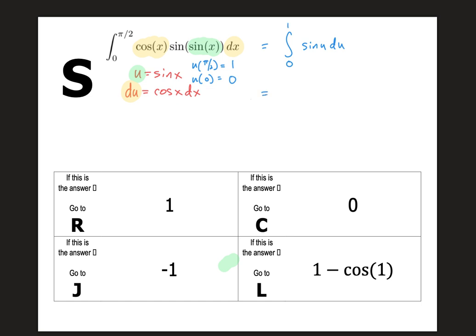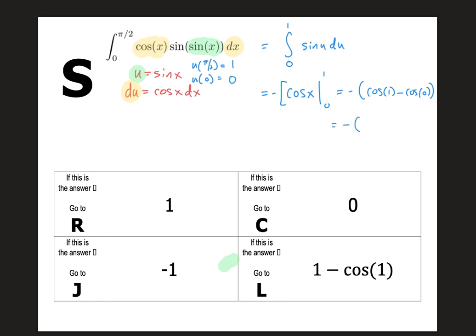All right, and then we'll take the antiderivative. The antiderivative of sine is cosine, but notice if you take the derivative, you get negative sine. So I'll make this a negative to cancel it out, and I'll put that negative on the outside. Then plug in the top limit, plug in the bottom limit, and subtract.